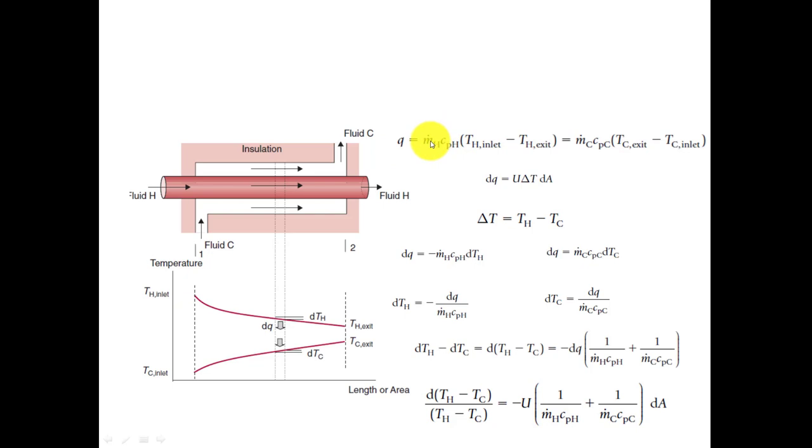So here m dot is indicating the mass flow rate, H is for the hot fluid, Cp is the specific heat of that particular product, which is the hot fluid flowing inside, and Th inlet is this temperature, and Th exit is this temperature.